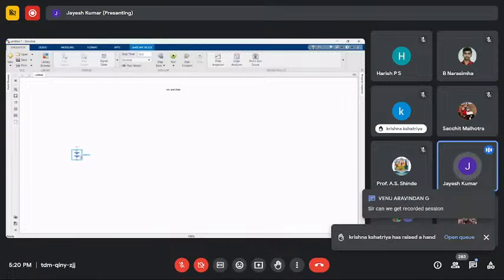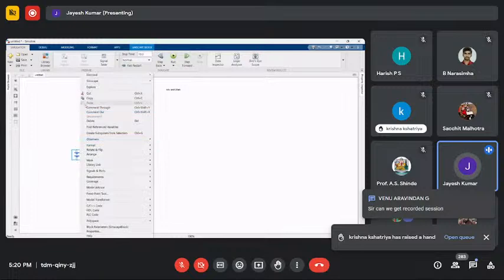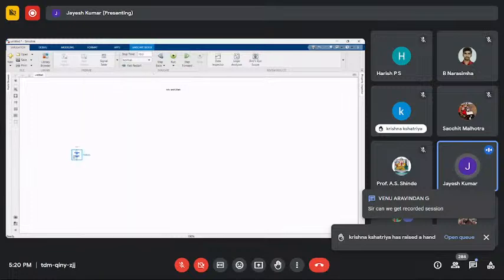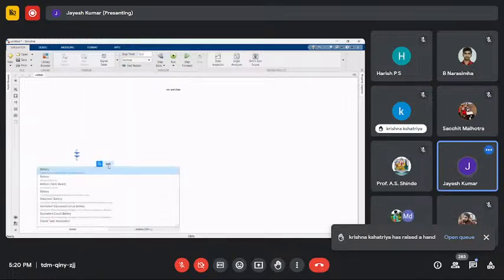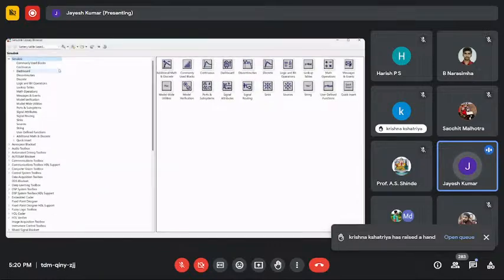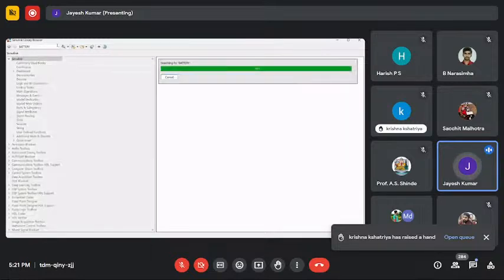No, this battery will not show the SOC directly. So I choose a different battery. You can search the components from the library part also. If you know the component's name, you can directly type it and get the component.